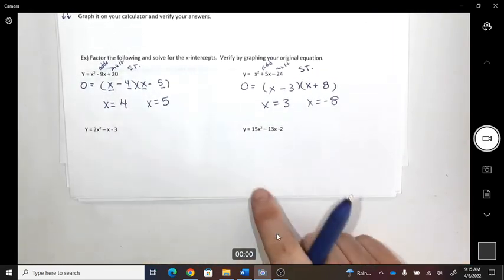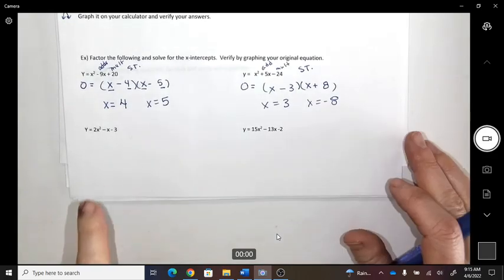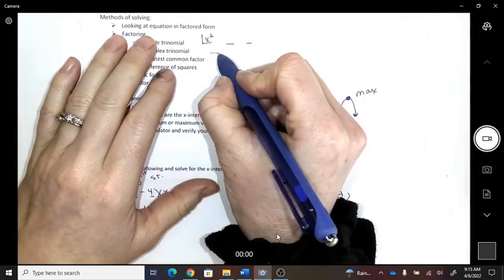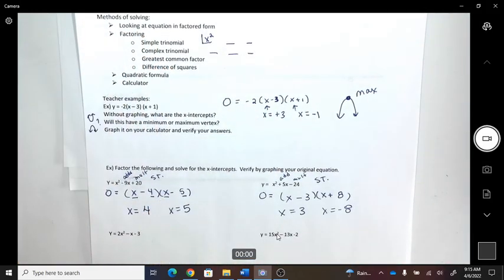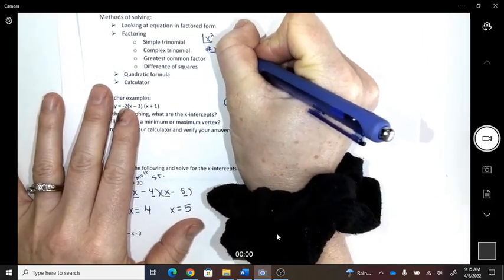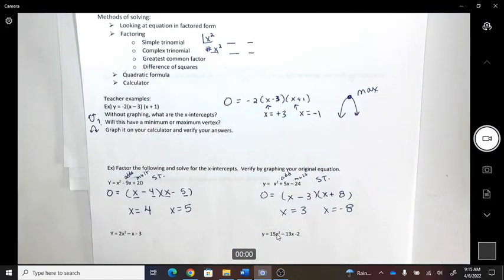Okay, the next are complex trinomials. So how do I know something's a complex trinomial? It has the 3 parts, so trinomial, it has 3 pieces, and it starts with some other number, x squared.